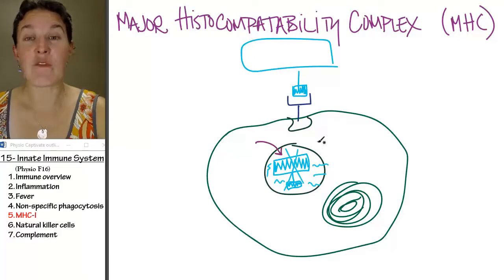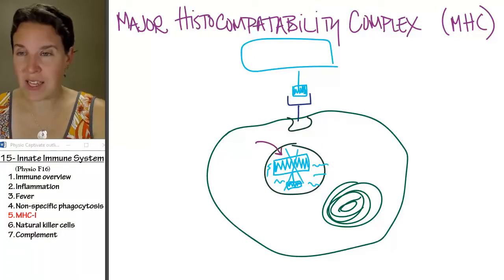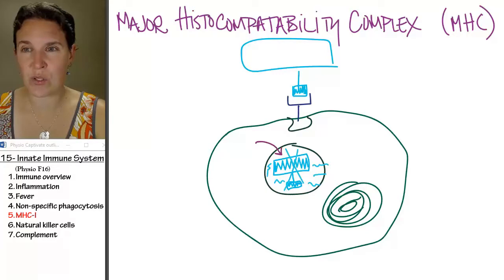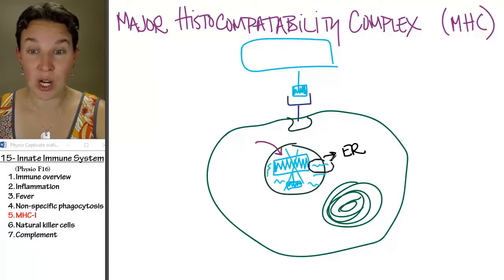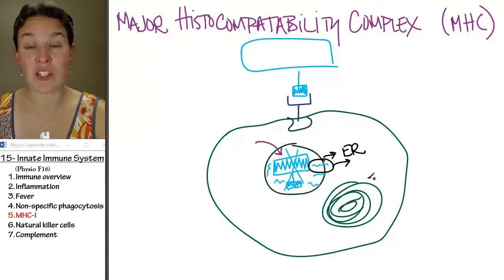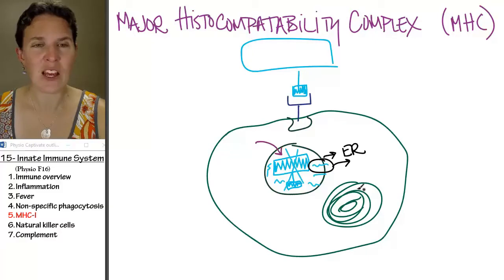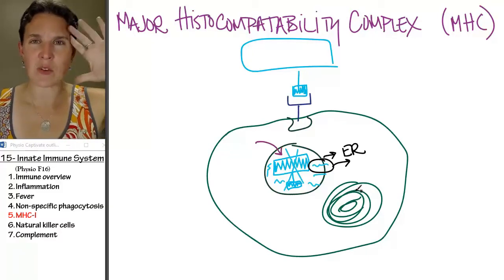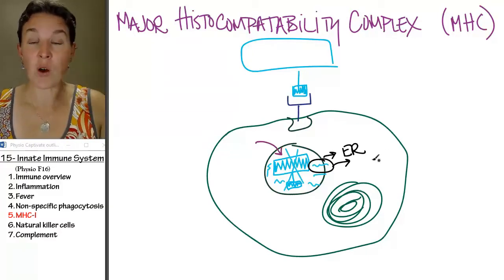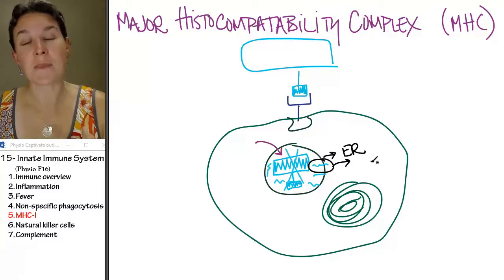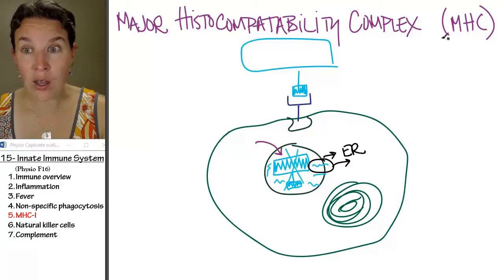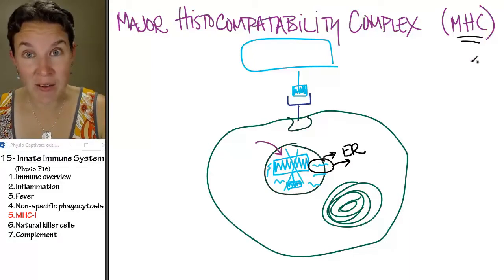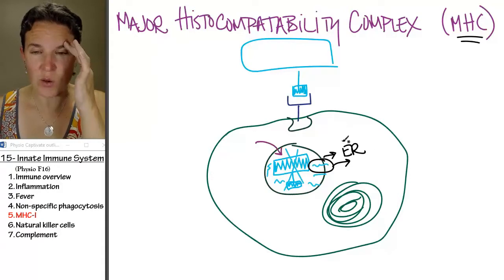As soon as we have broken it up into parts, this vesicle is going to fuse with the endoplasmic reticulum, and pathogen parts are going to dump into the endoplasmic reticulum. Now, if you think about what the endoplasmic reticulum does, it's involved in processing proteins. Inside the endoplasmic reticulum are empty MHC platforms. Okay, so here we are.